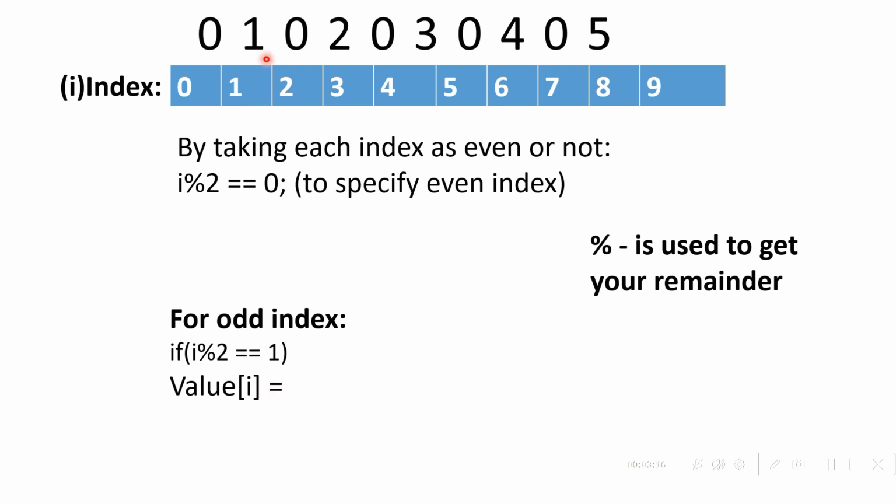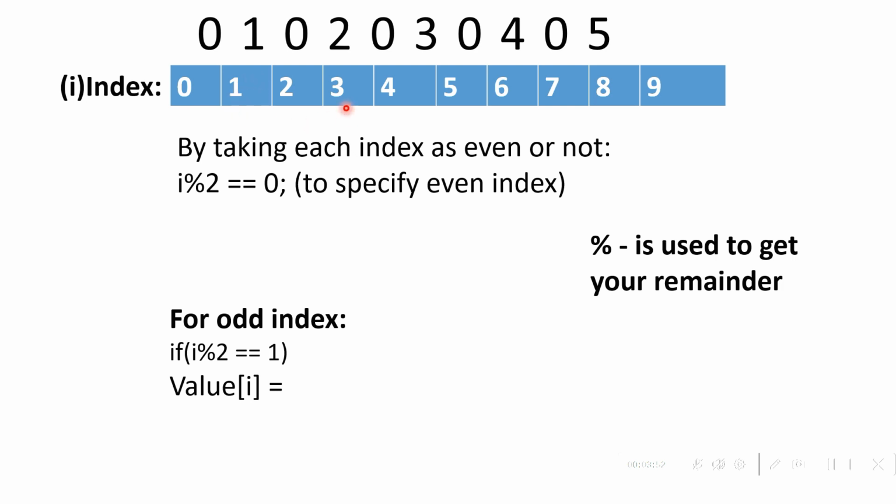Consider if I am just using i + 1, where i is the index. If the index is odd, say 1, then 1 + 1 means 2, so this is not right. 3 + 1 is 4, which is also not right, since here we need 2. 5 + 1 is 6, but here we need 3, so it is not right. Then 7 + 1 is 8, also not right, and 9 + 1 is 10, also not right.